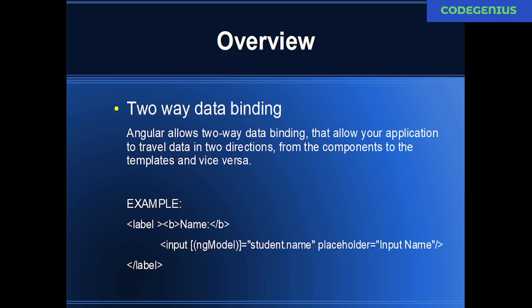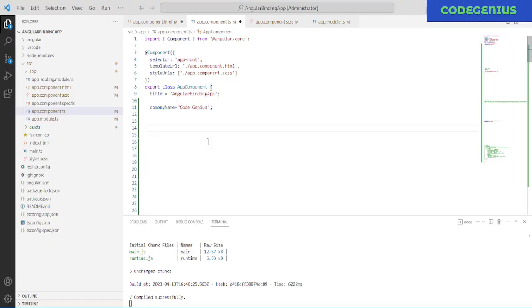If the user makes any change on the UI side, it must update the model in the component. This is very useful whenever we need to update the data from the UI to the model. Let me show you practically how two-way binding works.